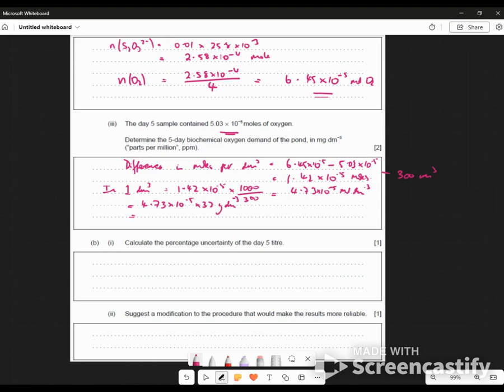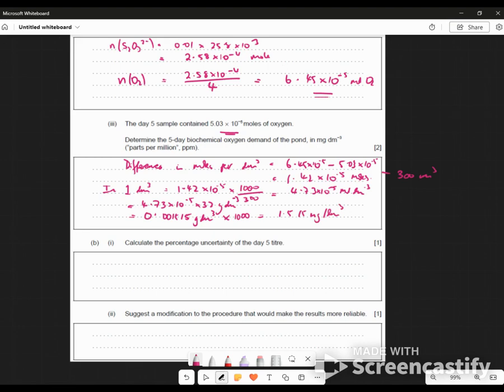So times that by 32, and I get a very small number, 0.001515 grams per decimeter cubed. And now I times that by 1,000, and I get milligrams. So 1.515 milligrams per decimeter cubed.